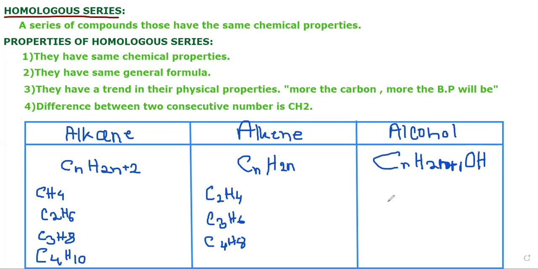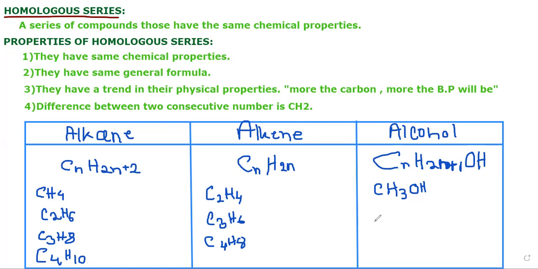Now writing down some alcohols, C1 at first. So according to that, H will be 2n plus 1, that means 2 plus 1, which is 3, then OH. This one is methanol.